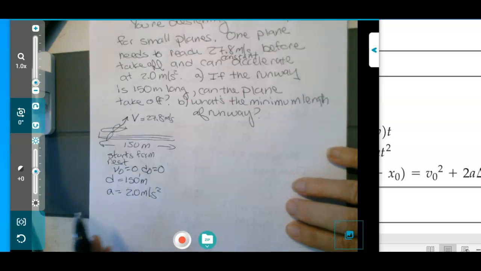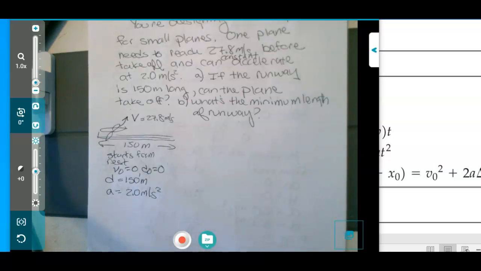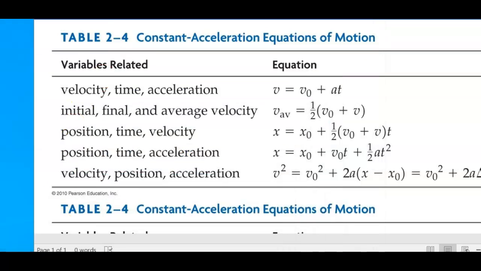Okay, so then if I look at the equations again, I have velocities, distances, and accelerations. So this one's velocities, acceleration, time. That's not going to work. This is all just velocities. This is distance, velocities, and time. I don't have time in my problem, so that still won't work.